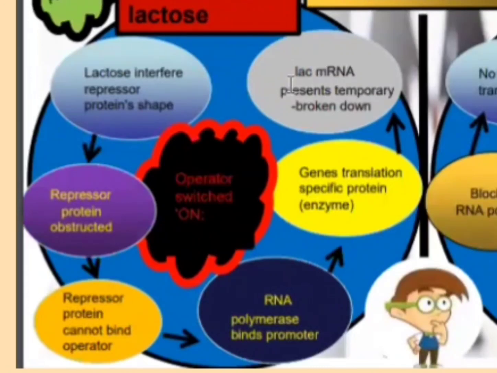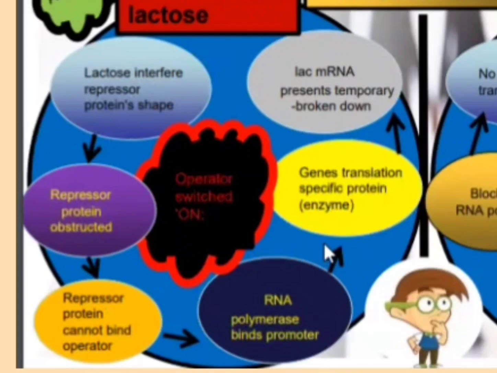Allolactose is a part of the molecule of lactose, and allolactose or lactose interferes with the repressor protein's shape. From that, the repressor protein is obstructed and cannot bind the operator. From that, RNA polymerase binds the promoter.